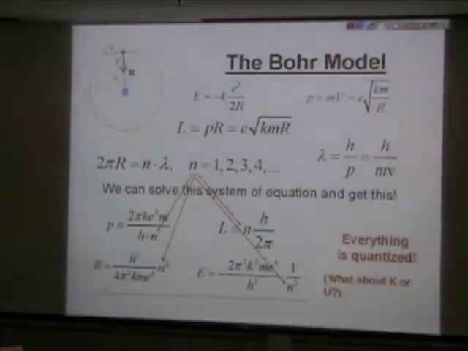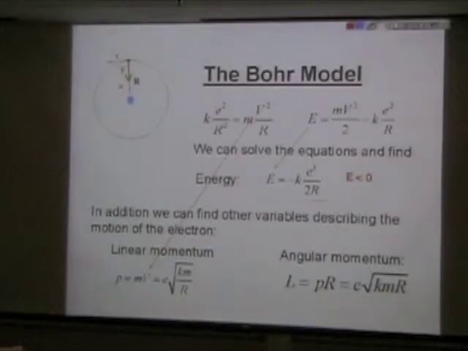All those physical variables do exist. However, now they cannot have any possible values. They can have only certain values. We say energy now is quantized. Radius is quantized. Momentum is quantized. Everything is quantized now.